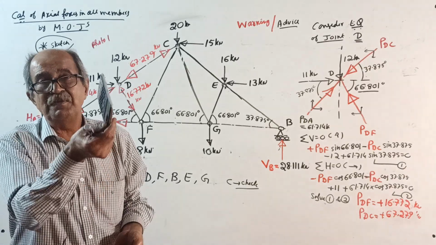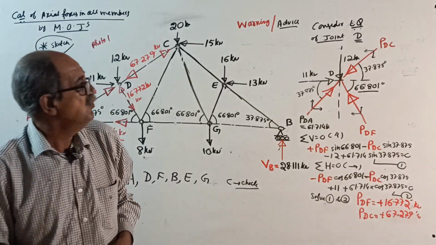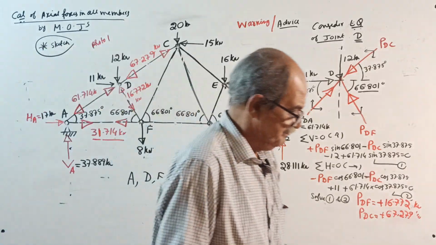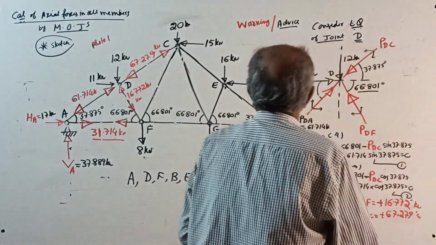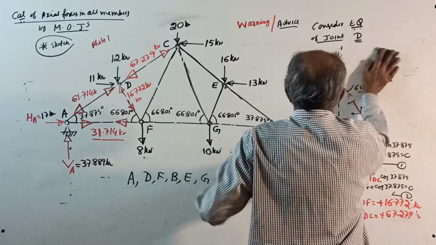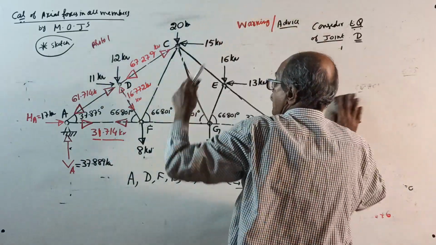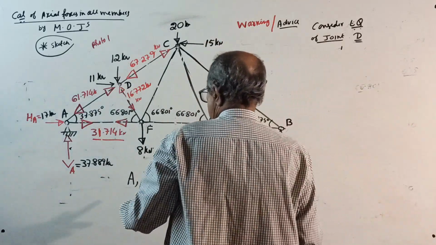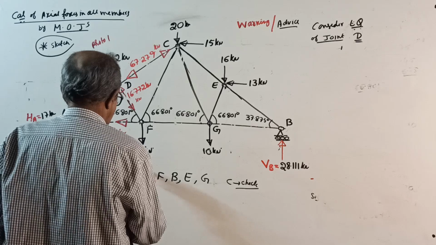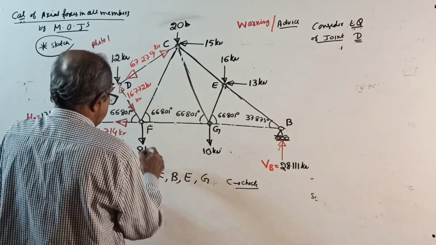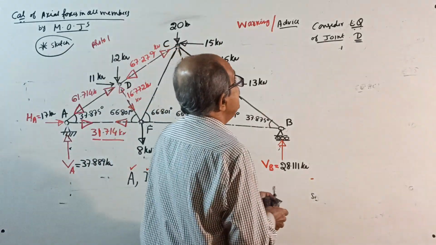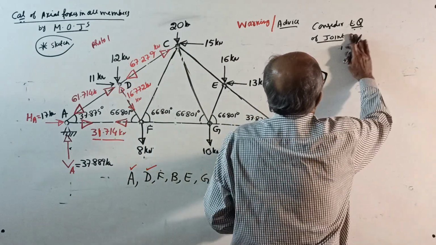It is a very problematic calculator. Okay, now this joint is over. Next joint. Which joint next? A over, D over. Next I told F. Consider equilibrium of joint F.